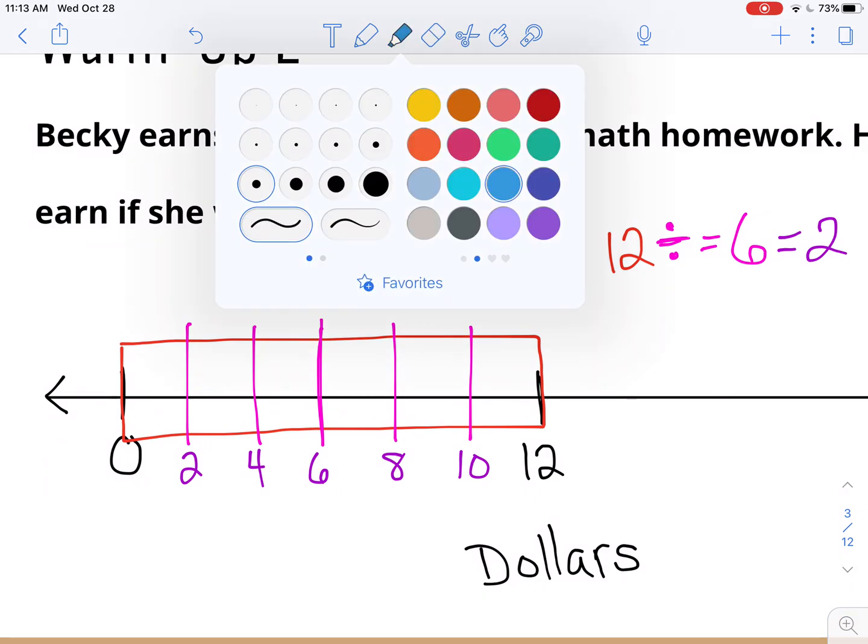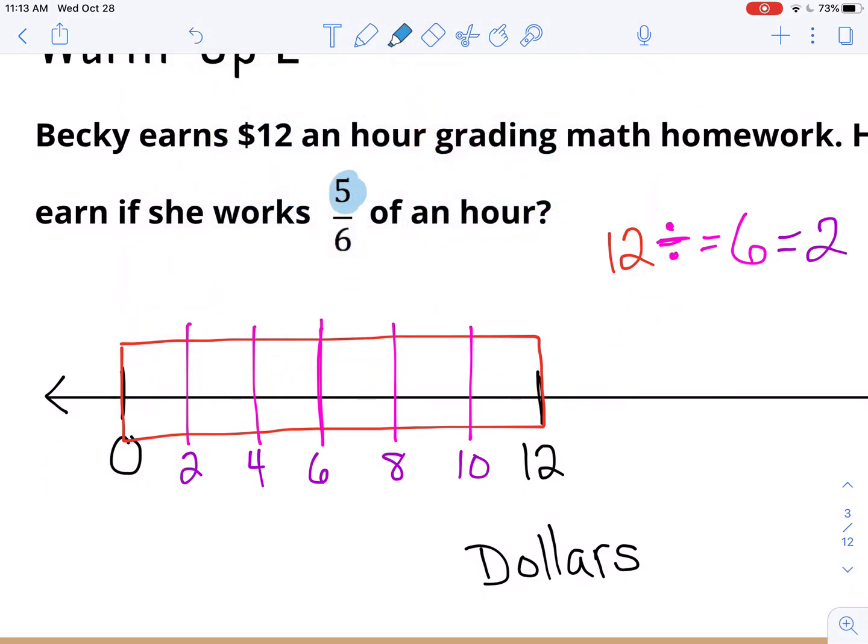Now I'm going to look at the numerator. The numerator is 5, so I need to color in 5 of those parts. So if I want to know how much she makes in 5/6 of an hour, then I'm looking at this spot right here at the very end of my colored in parts.